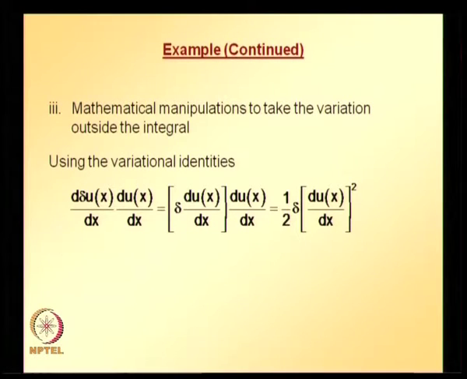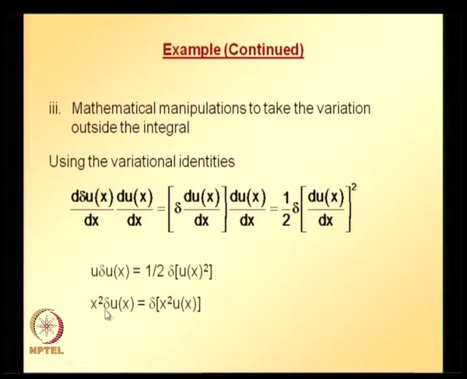If you see the first term inside the integral, this kind of quantity can be rewritten in this manner. Also, in our equation we have u times variation of u, which can be written as one half variation of u square.